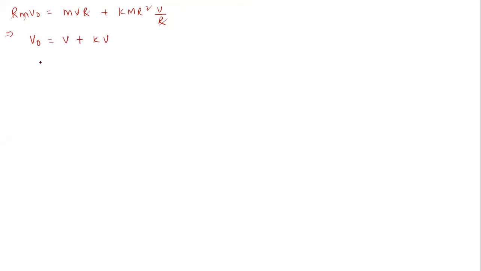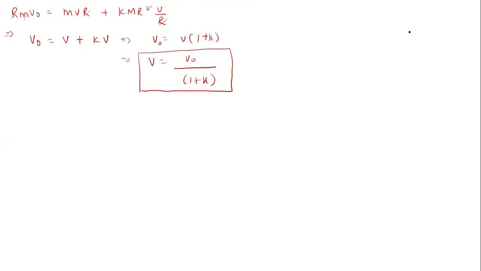So v naught must be equal to v common, 1 plus k. Therefore v must be equal to v naught by 1 plus k. Okay, that is the velocity when the body starts pure rolling.